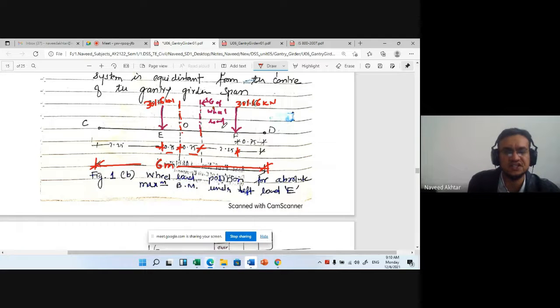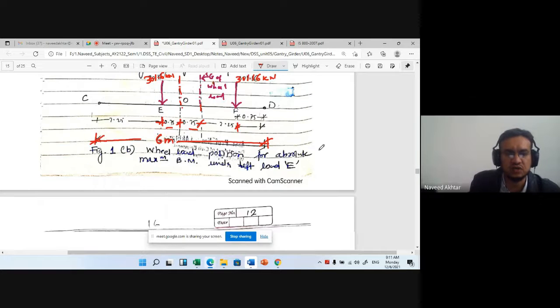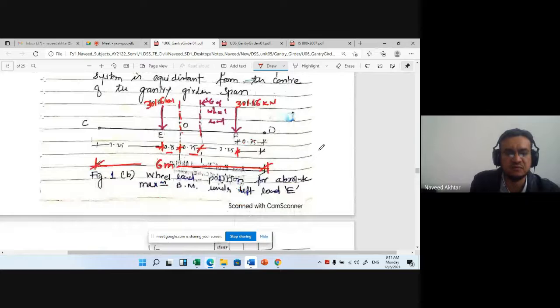The wheel load distance is given as 3 meter, and the span of gantry girder is also given as 6 meter. So the CG of the wheel loads will be 1.5 meter from each wheel, so one of the wheel loads should be at 0.75 meter and the other at 0.75 meter from the CG of the wheel loads.